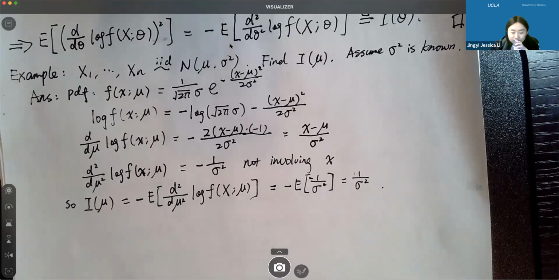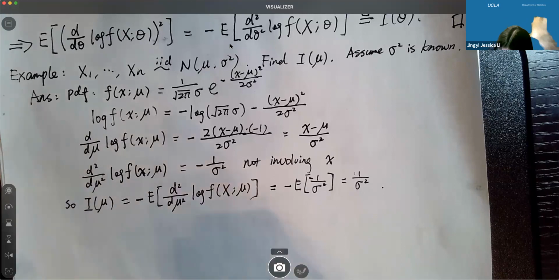So the intuition is that the information the density contains about mu is inversely related to the variance. Okay, so now let's come back to the Cramer-Rao lower bound.